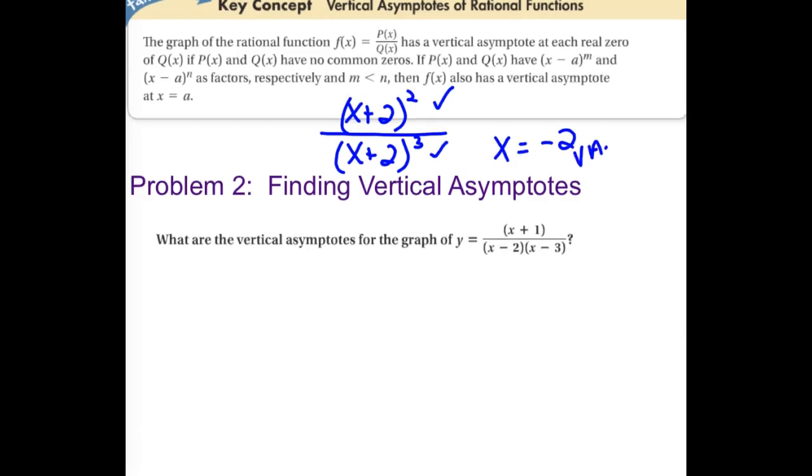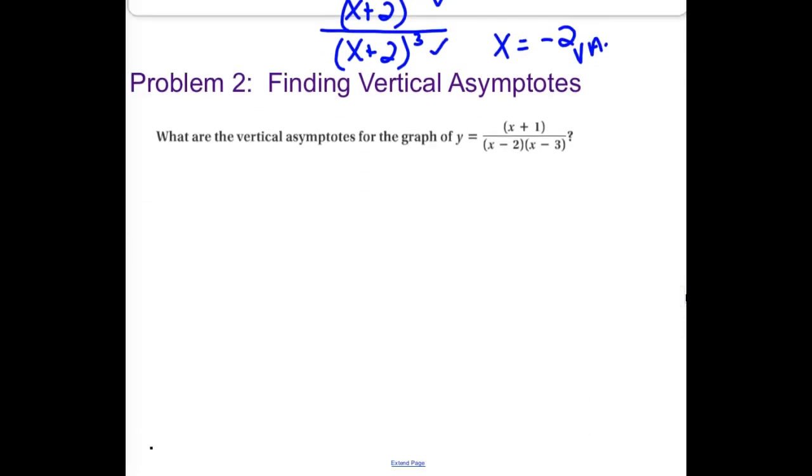All right, so we've got it already factored for you. What are the vertical asymptotes of that graph? What makes the denominator 0? When x is 2 or when x is 3. Can either of those factors be reduced out?